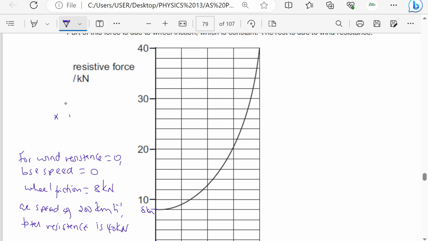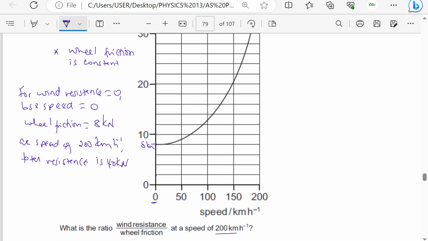This is very important. The wheel friction is constant, and we have already determined it to be 8 kilonewtons. So it means the wind resistance is going to be 40 minus 8, which is 32 kilonewtons.